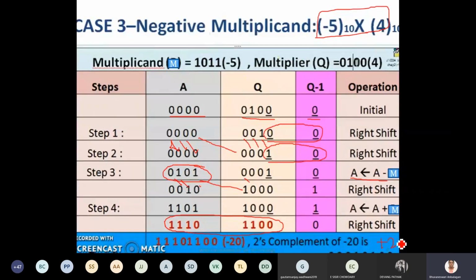That means the number is minus 20. If you take the 2's complement of it and you get plus 20, then your answer is correct. But the last bit is going to be the sign bit. So it will obviously be minus 20 that you can declare.